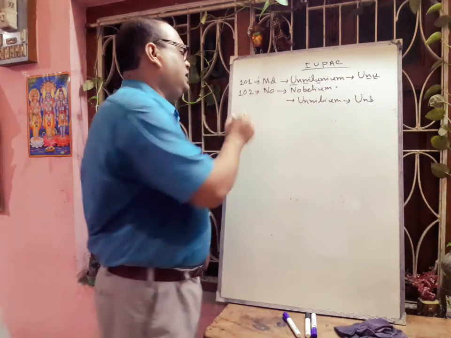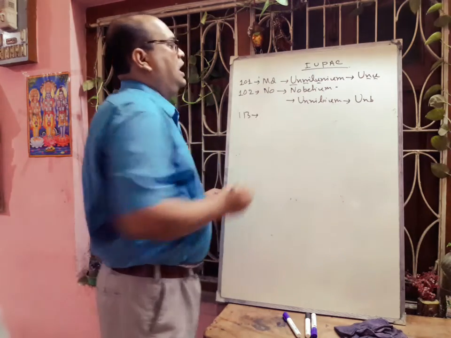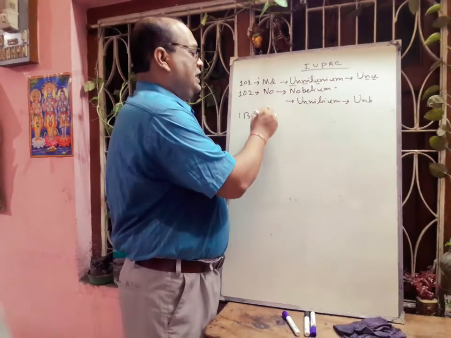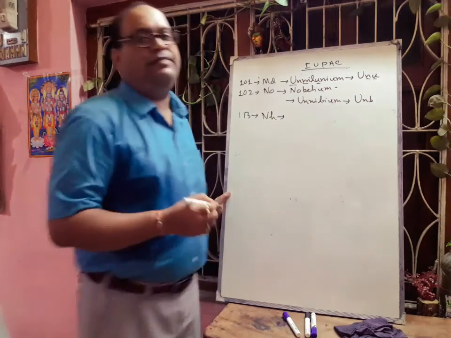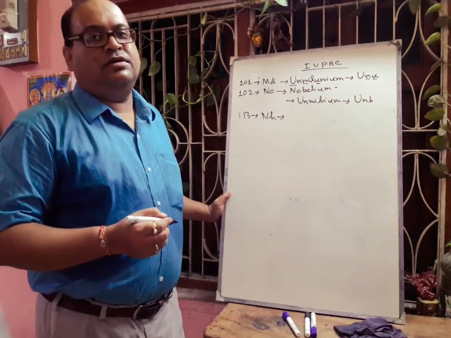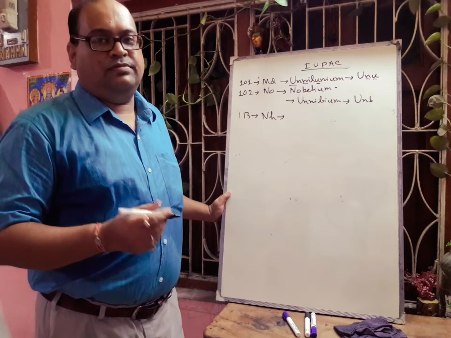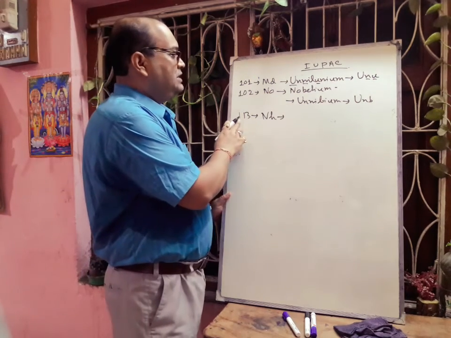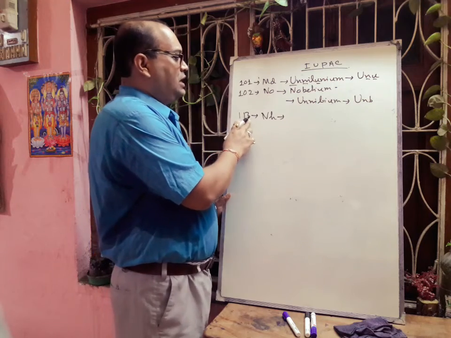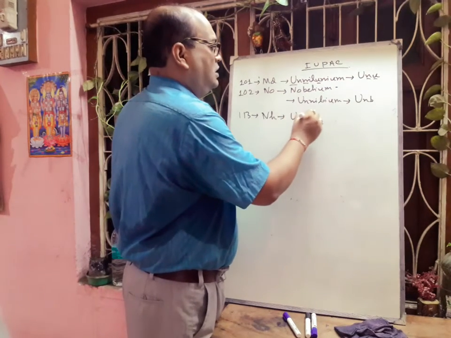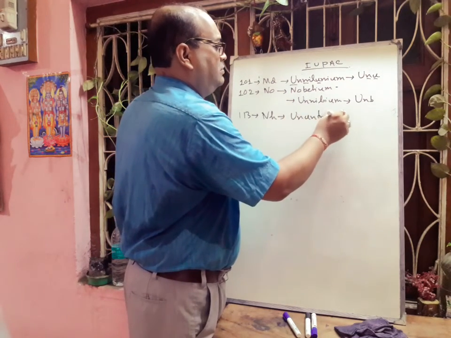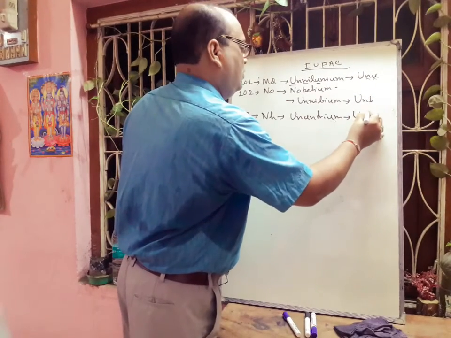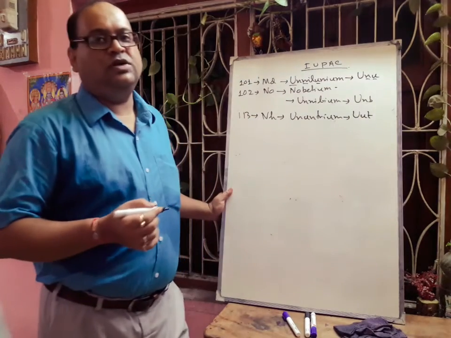Nihonium is 113, and its symbol is Nh. Its IUPAC name will be Ununtrium, and its symbol will be Uut.